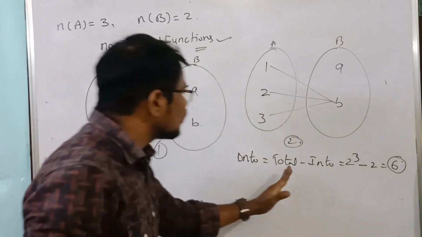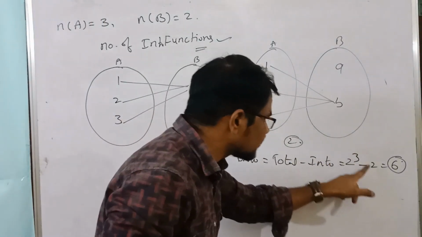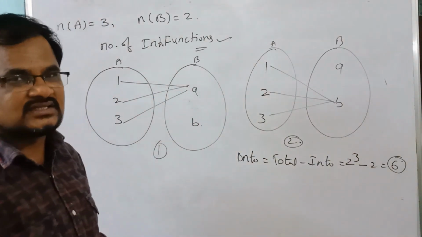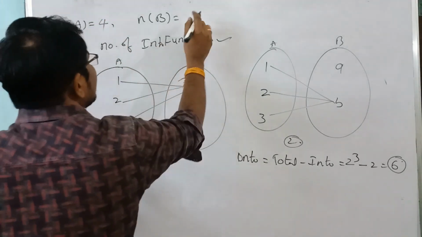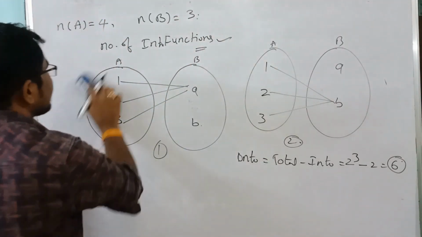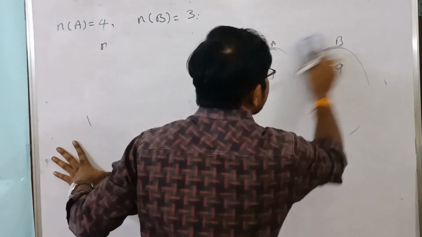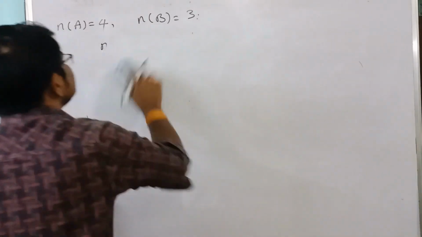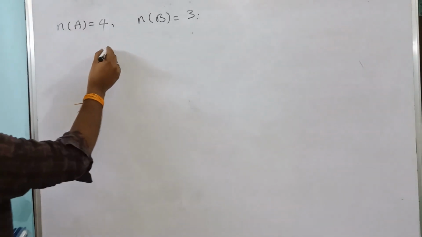Suppose here we take 4 and here 3, what will we get here also?